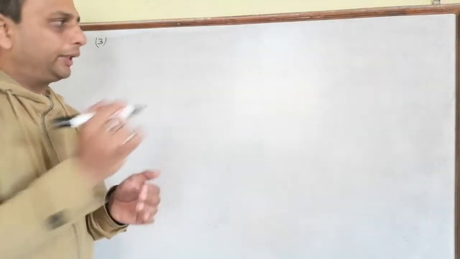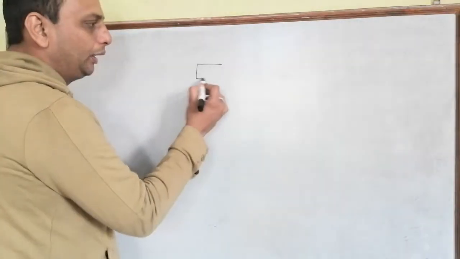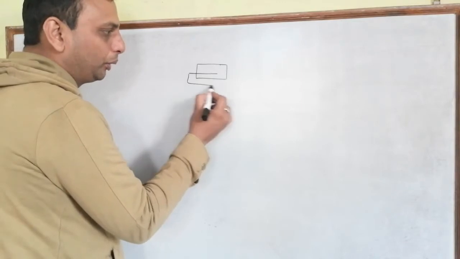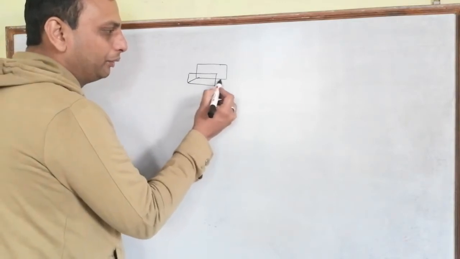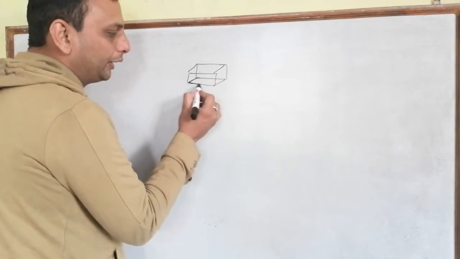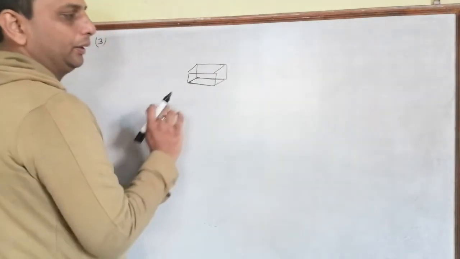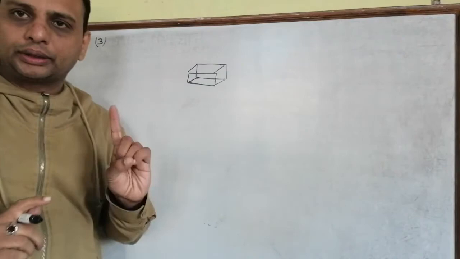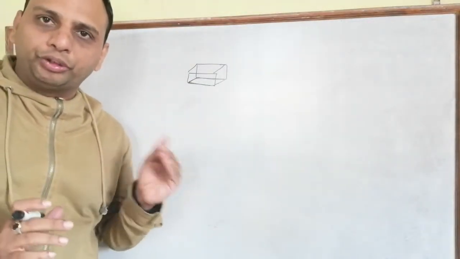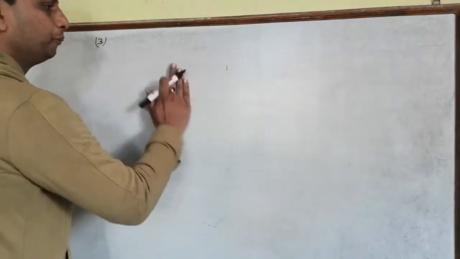When you have a rectangular base, it will be in the cuboid shape, because the base of a cuboid is always a rectangle. So one is in the shape of a cylinder, the other is in the shape of a cuboid. We have to find the volume and see whose volume is greater.